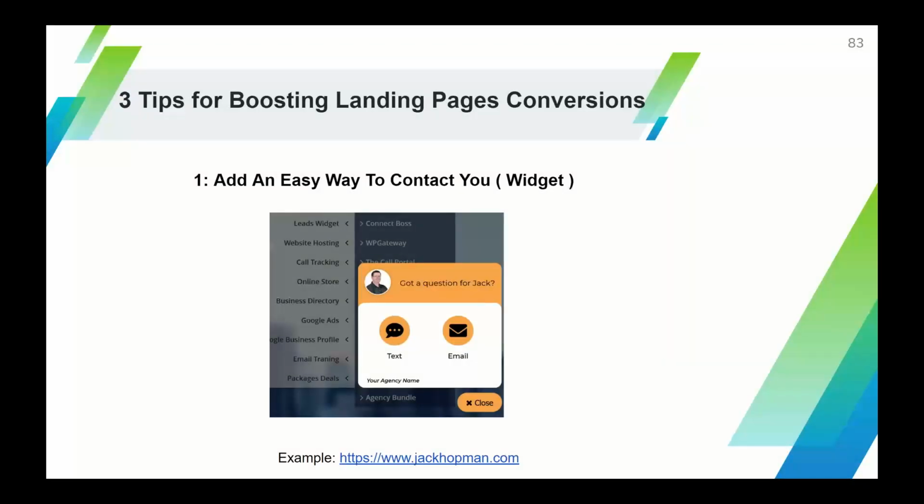Now, here are 3 things for boosting landing page conversion. Add a widget to your landing page, like I have on jackhommel.com. Landing, text, or email. Now you can easily follow up with them. The widget communicates with the mobile app. You can respond when you like, but you capture the lead.